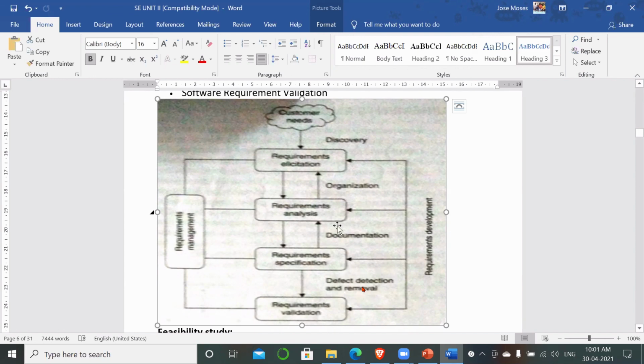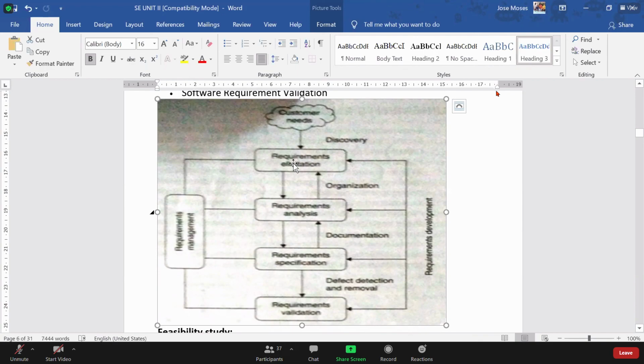Once you elaborate the summary part, that is enough for that particular block, that particular subtopic. But don't try to read only some parts of this diagram. Whatever you read, make sure that you read perfectly. Don't remember only the blocks that are inside.